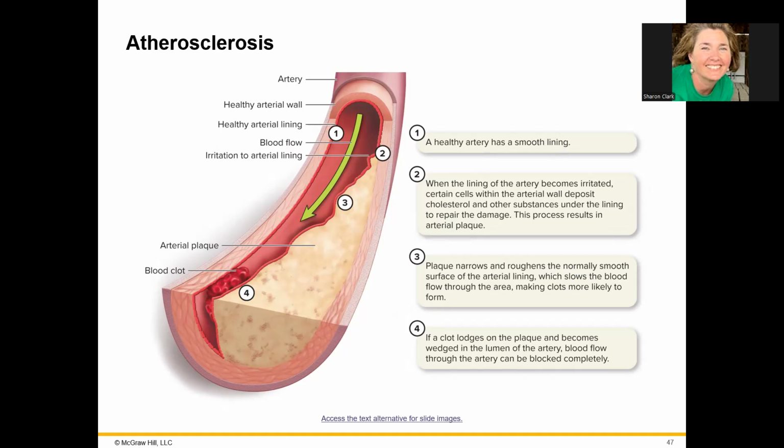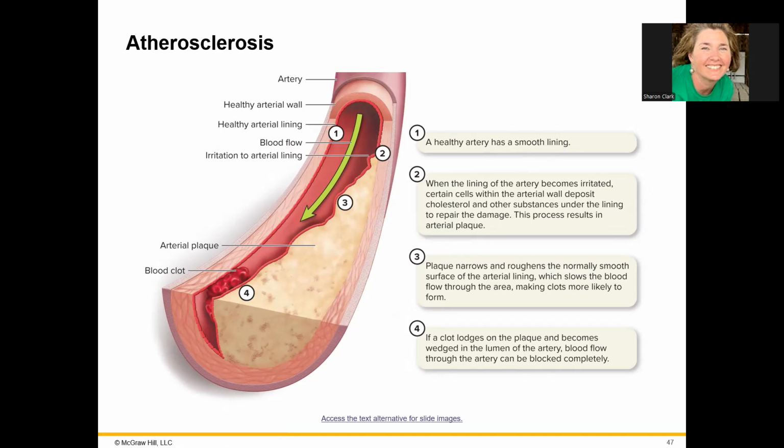However, when this lining becomes irritated by excess cholesterol or glucose, remember earlier we talked about how blood glucose, high blood sugar, causes irritation within this lining. That irritation is what can lead to damage of that lining and lead to more plaque buildup.